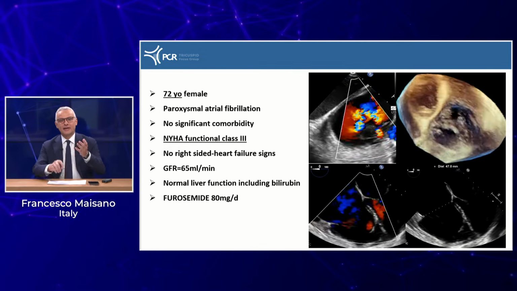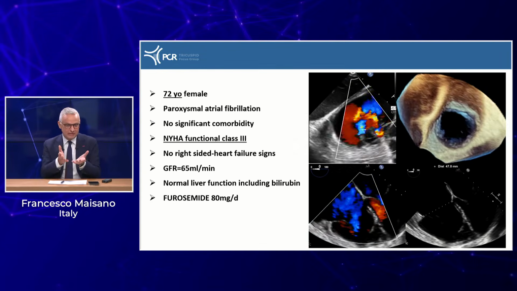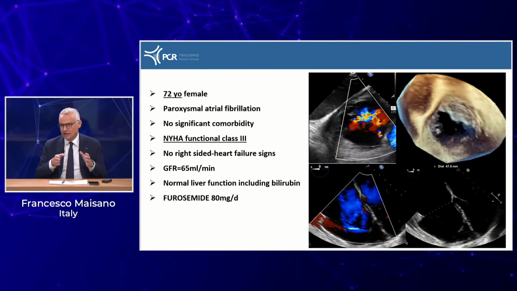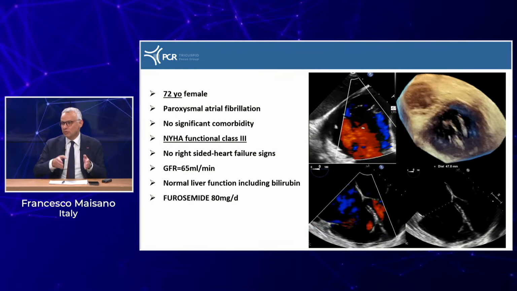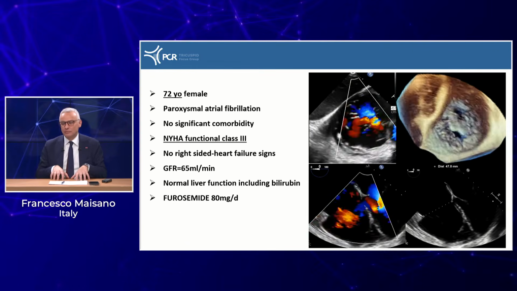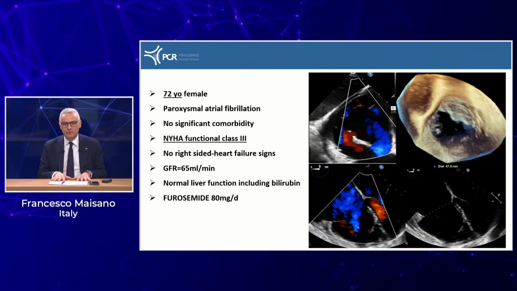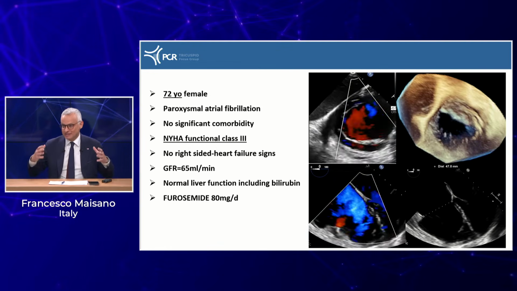On the other hand, again, this is a patient for the guidelines. What do the guidelines say, and how can we follow the guidelines to take a decision and to treat this kind of patient in the best way? It starts with a structure.